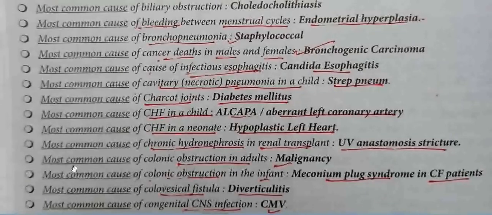So here stricture is the common cause of chronic hydronephrosis in the renal transplant. The most common cause of colonic obstruction in adults is malignancy. The most common cause of colonic obstruction in the infant is meconium plug syndrome in the CF patient.